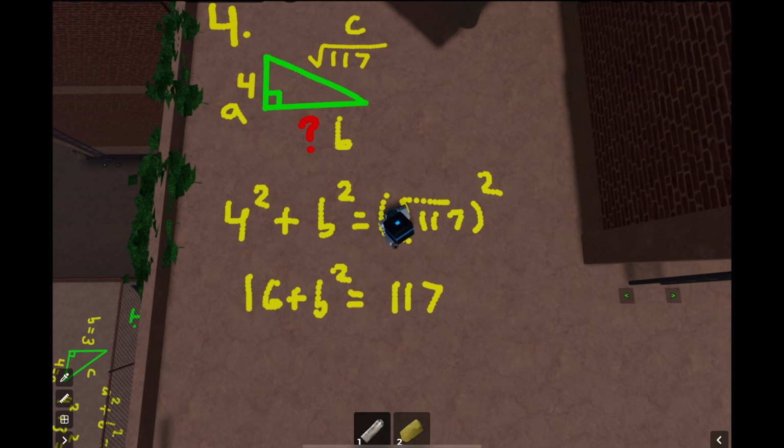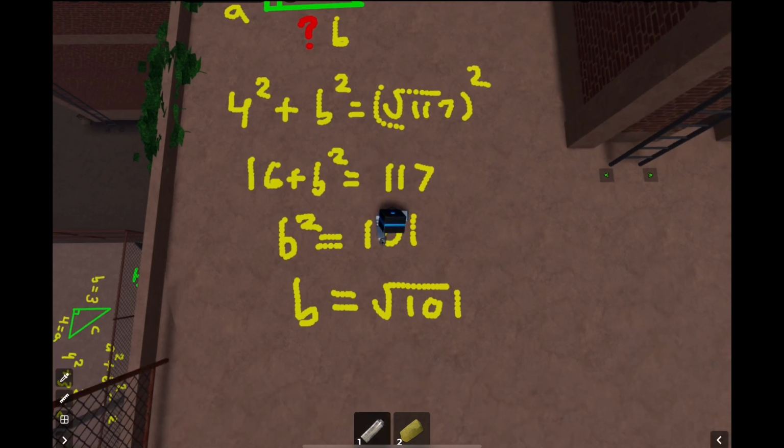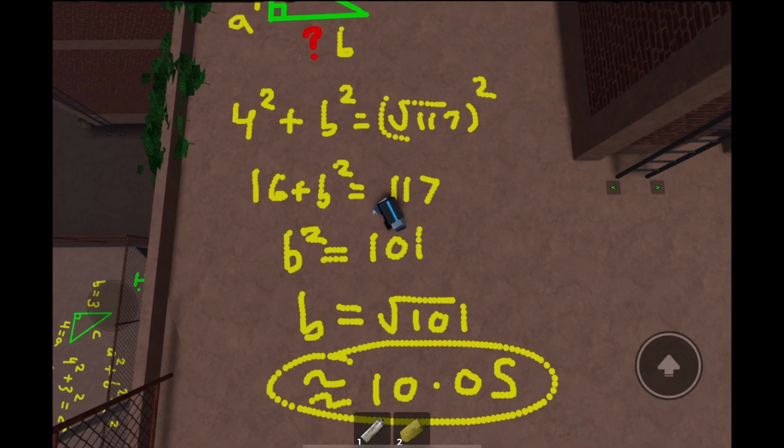Because if you square a square root, the square root disappears. If we subtract 16 from both sides, we would have B squared is equal to 101. That means B is equal to the square root of 101. And on a calculator, that's about 10.05. And we're done. Let me just fill that in here.